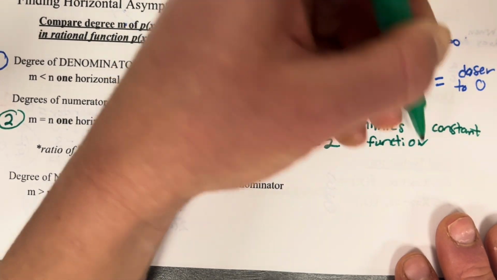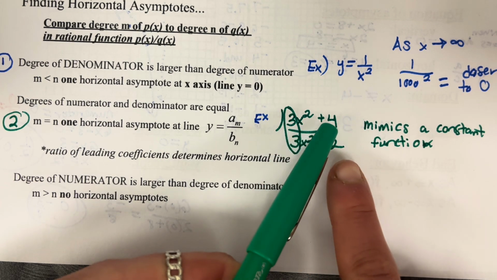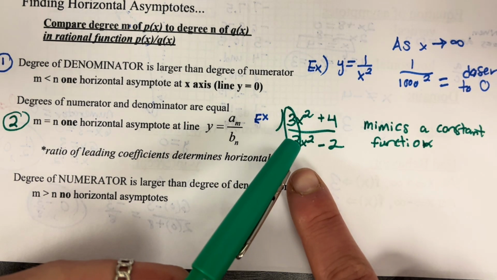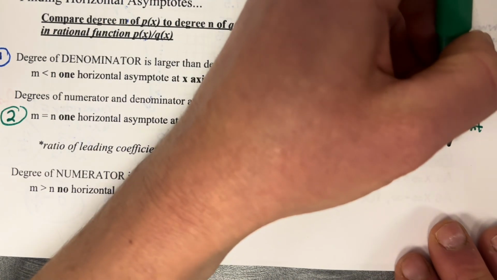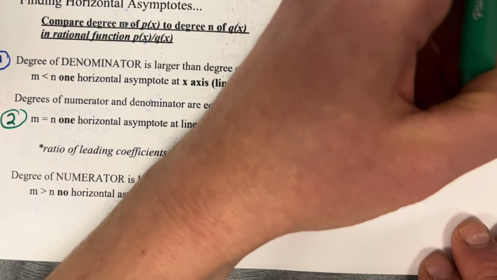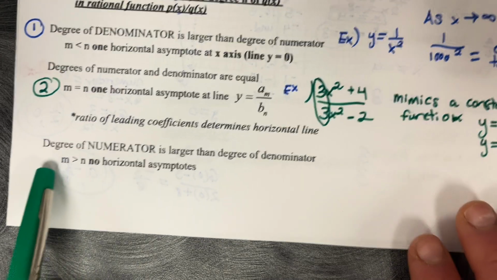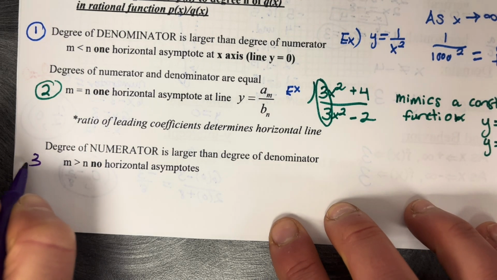So it kind of mimics a constant function here. Because as we put in larger and larger numbers, like imagine we put in 1,000,000, then this 4 and negative 2 wouldn't really matter, but the 3 over 3 would, because that's the part that is with the highest degree. So this mimics a constant function of y equals 1, because it's 3 over 3. And then the last one that we're going to see is when the degree of the numerator is larger than the degree of the denominator.